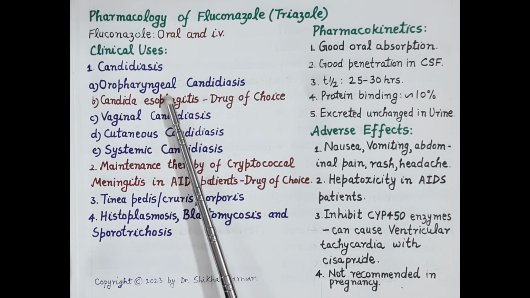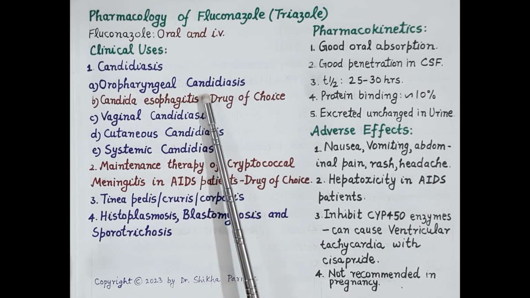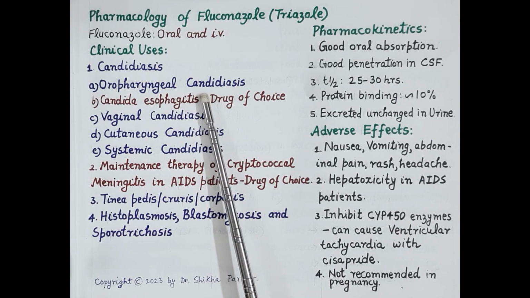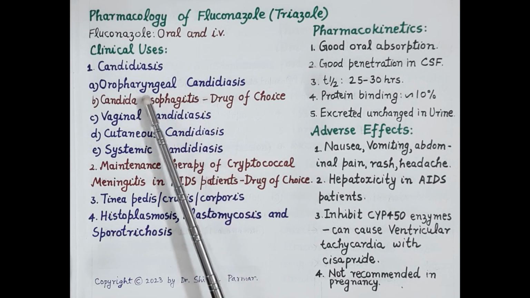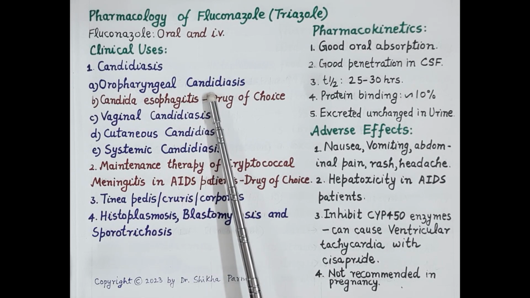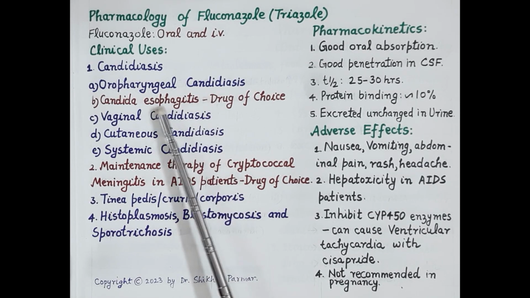If oropharyngeal candidiasis is not treated with nystatin or clotrimazole, then the next very effective treatment for oropharyngeal candidiasis is fluconazole. Then fluconazole is a drug of choice in candida esophagitis, that is candidal infection of the esophagus.